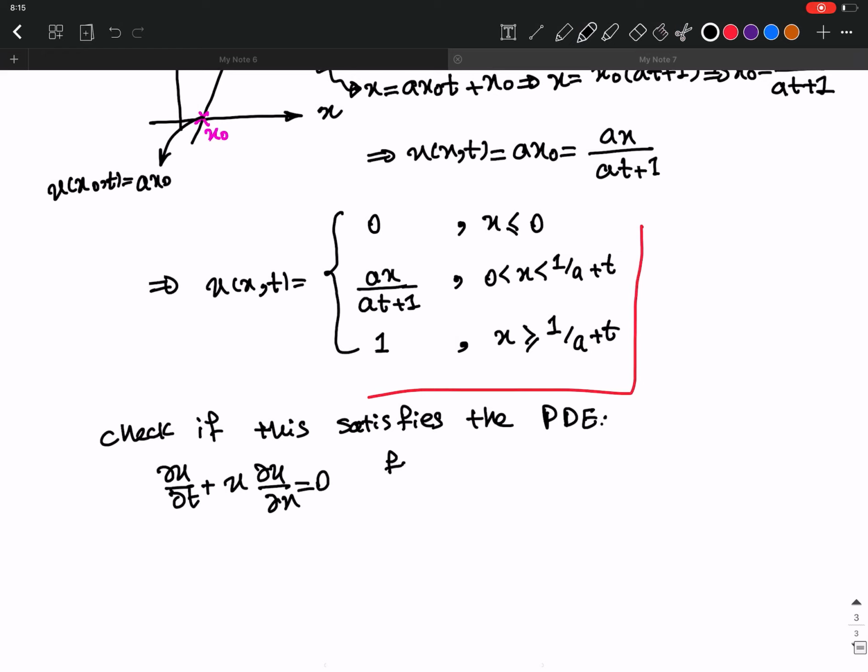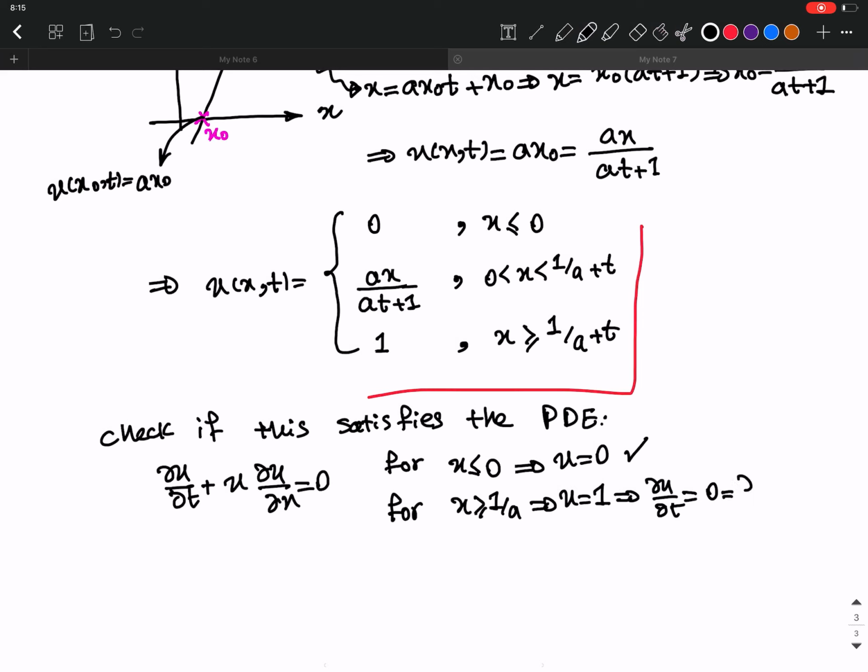For x less than 0, u is going to be 0, and partial u over partial t is also 0, so this satisfies it. For x greater than 1 over a, u is always 1, so partial u over partial t is 0. There is no change in time, and also no change in space in x. So this is 0, and this also satisfies Burgers' equation.